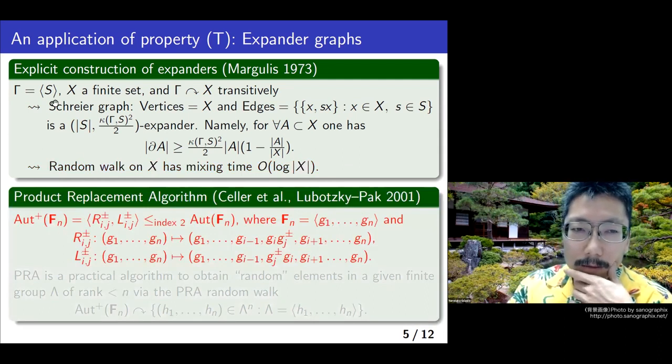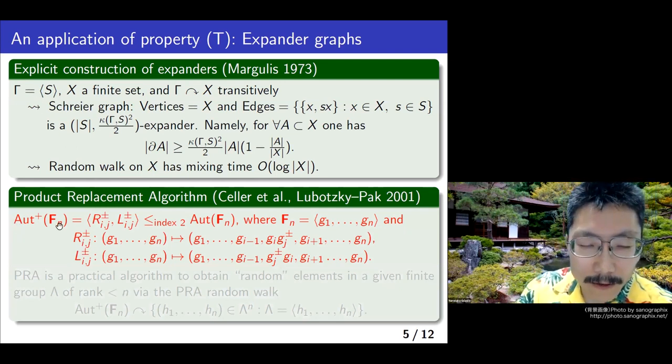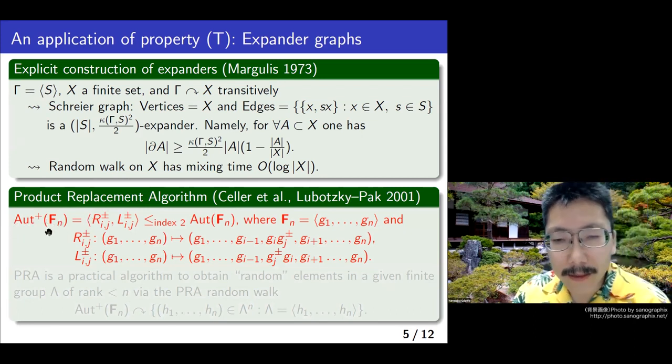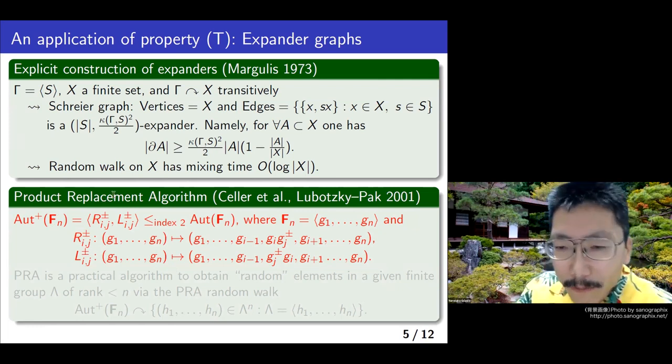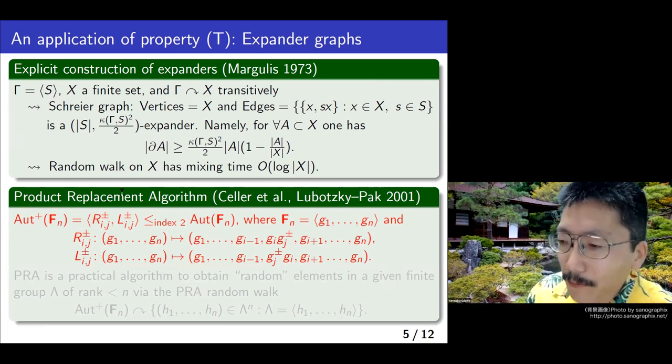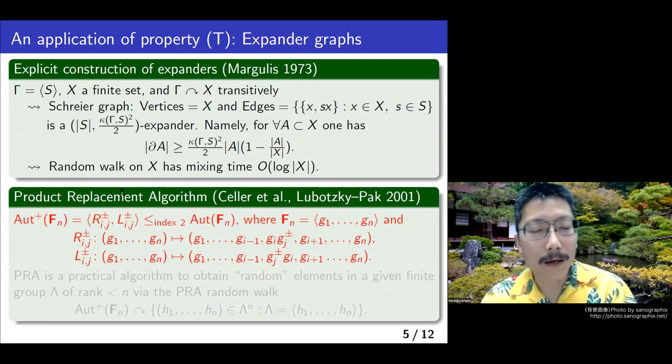Today, we are interested in these expander properties for Kazhdan property T groups, in particular the automorphism group of a free group. What is interesting is that it has the following random walk. This is called the product replacement algorithm, which is an algorithm to produce random elements in a given finite group.